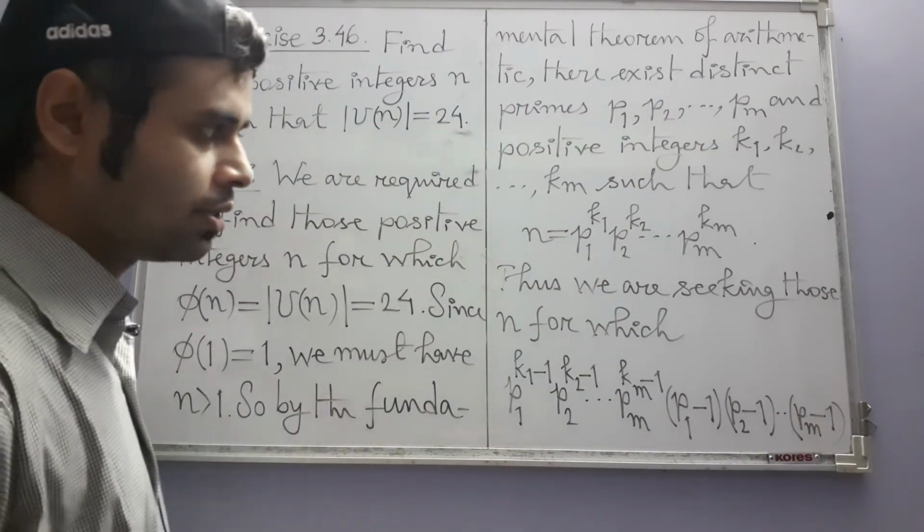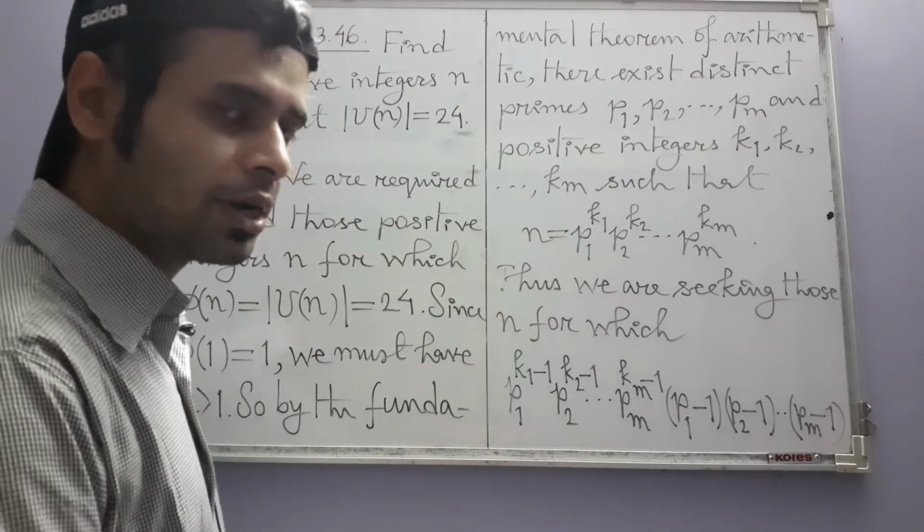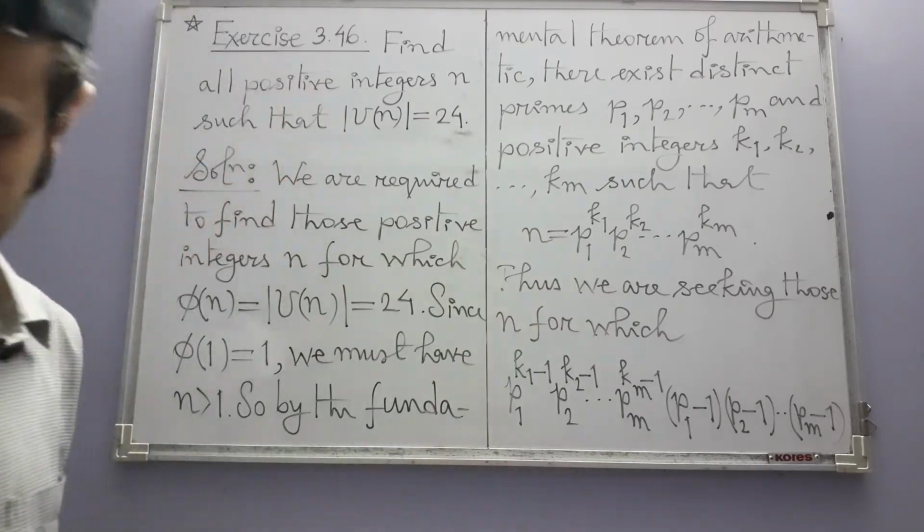That's what phi of n is if this is the prime factorization of n.